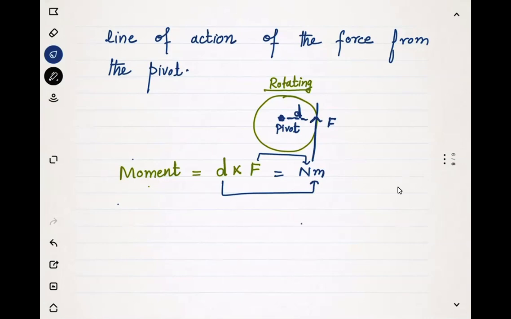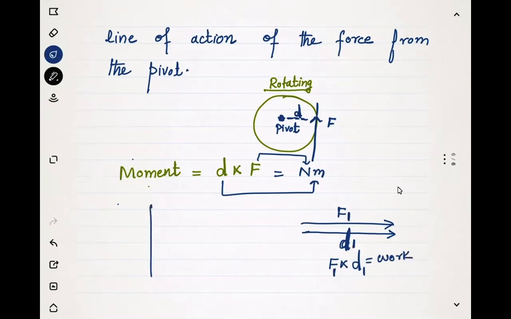Work is actually the product of force and displacement along the force. So when you calculate work, you multiply force and displacement, which are parallel. However, when you calculate moment, the force and the displacement are perpendicular to each other.